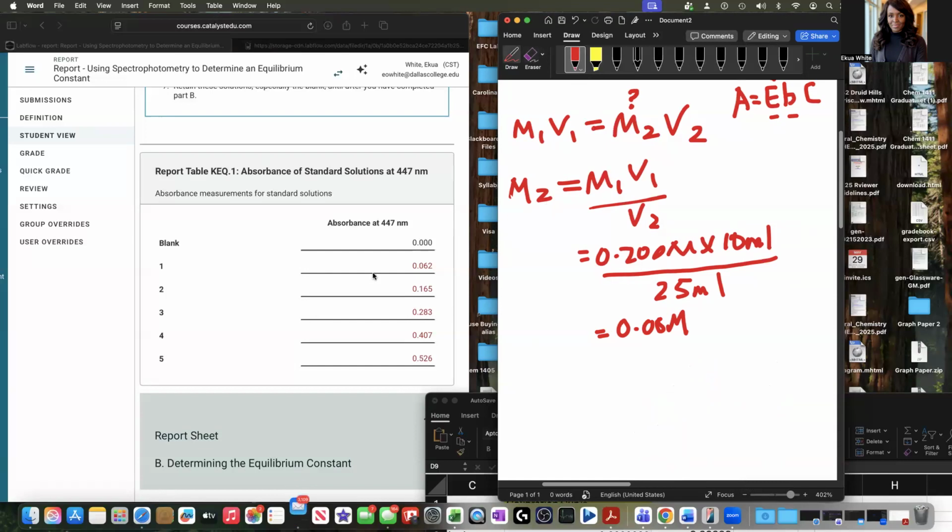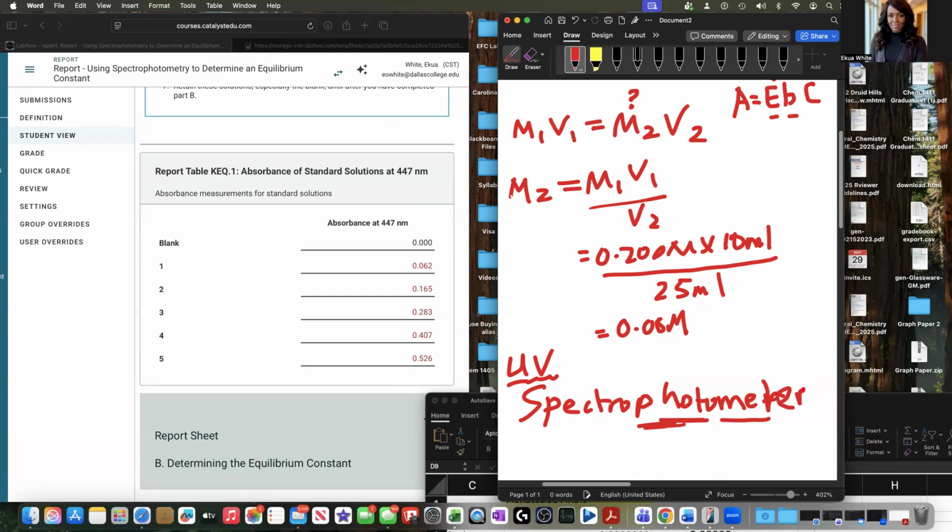But what we do have is a device, the spectrophotometer, written as spectro. This uses ultraviolet light. So we're using the ultraviolet spectrum, that light, the photon, to measure, and photometer, meter is like a scale or measuring.